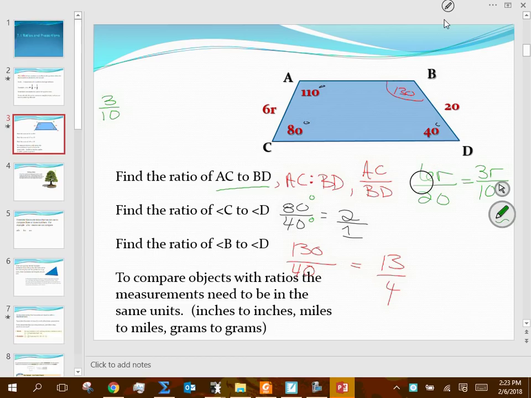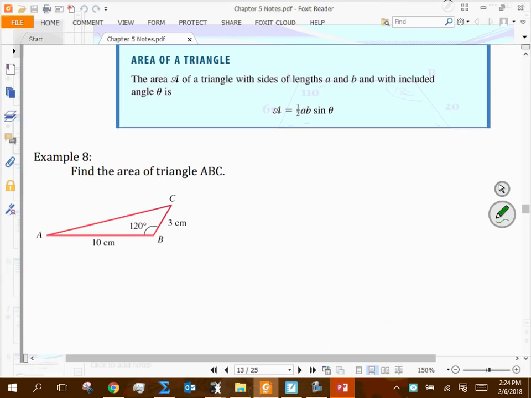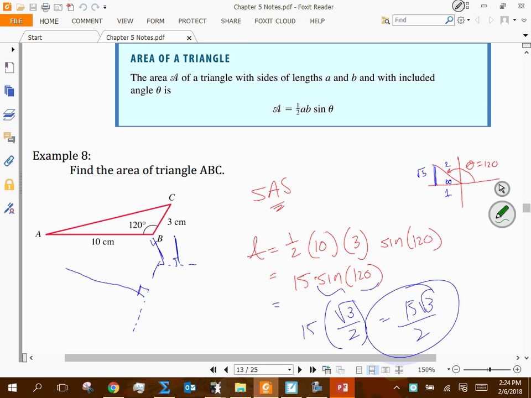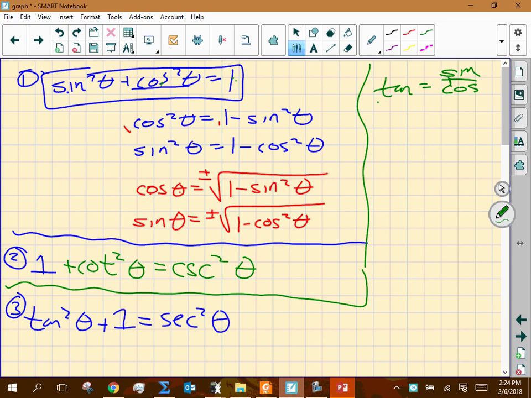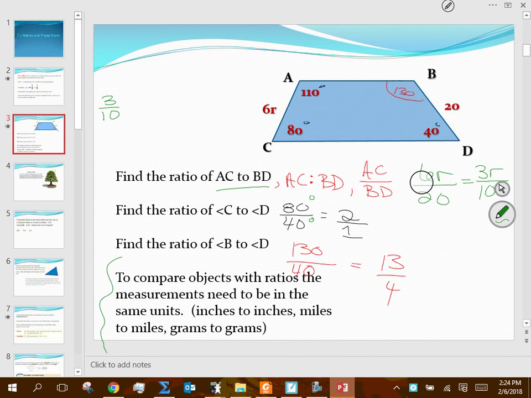So when we compare things, we like our objects to have the same units. If I'm looking at this one here, and I'm getting this result back of 2, what does that 2 tell me?